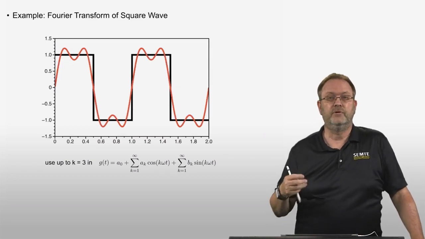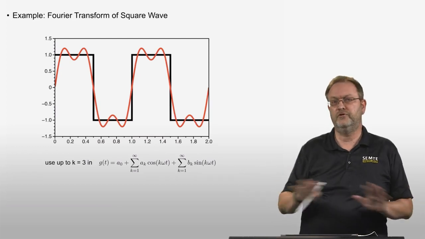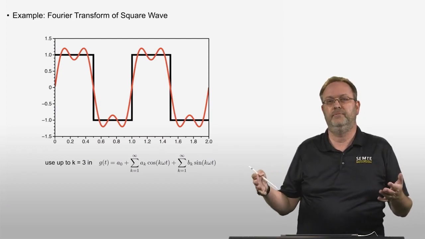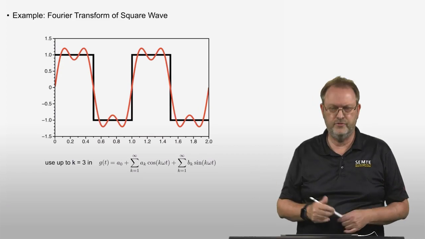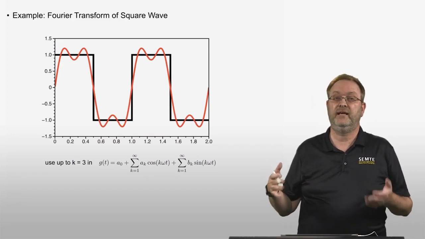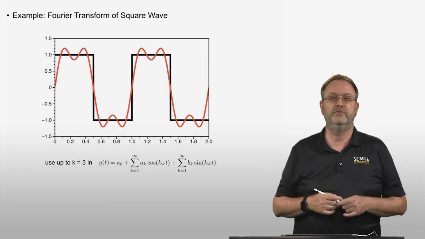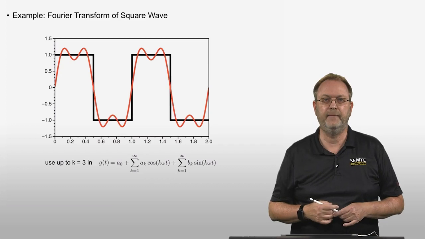If I go up to k equal to 3, right? K equal to 2 won't change anything because b sub 2, k being 2, an even number, won't have any amplitude. So the next one would be at k equal to 3, which then has an amplitude of 4 divided by 3 pi.